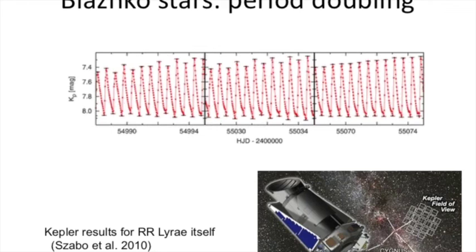This was not found from the ground because if you're observing from a single location, you see every other period of RR Lyrae. You miss the one in between, so you don't see the period doubling. But it's also not there all the time. And some people have suggested that the period doubling may be indicating another mode that may have an effect on the Blazhko effect. That's uncertain, however, still.